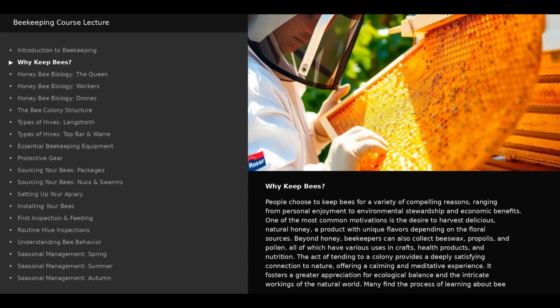The act of tending to a colony provides a deeply satisfying connection to nature, offering a calming and meditative experience. It fosters a greater appreciation for ecological balance and the intricate workings of the natural world. Many find the process of learning about bee behavior and colony dynamics endlessly fascinating, turning beekeeping into a lifelong hobby.